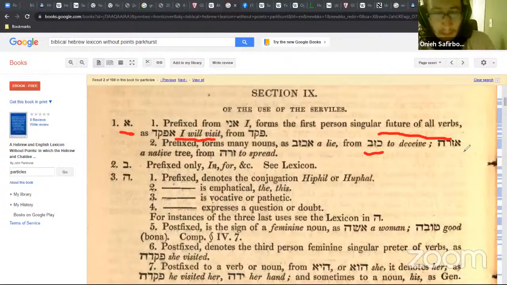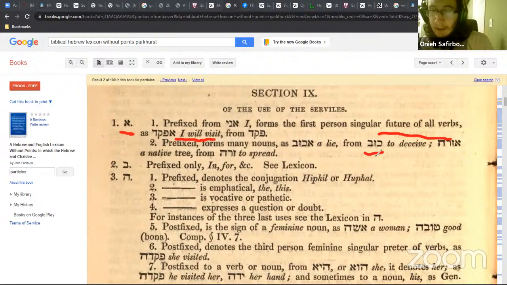Another example is zare, a verb meaning to spread, but you add aleph at the beginning, and it becomes a type of tree.